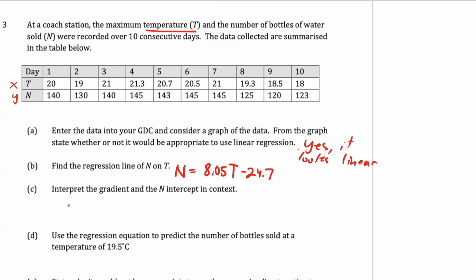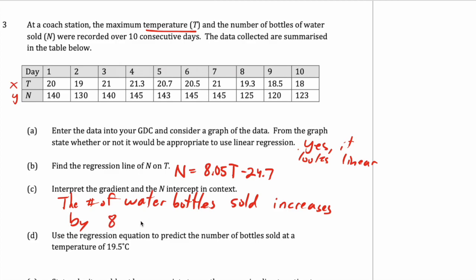So the number of water bottles sold increases by 8 for each 1 degree Celsius rise in temperature.